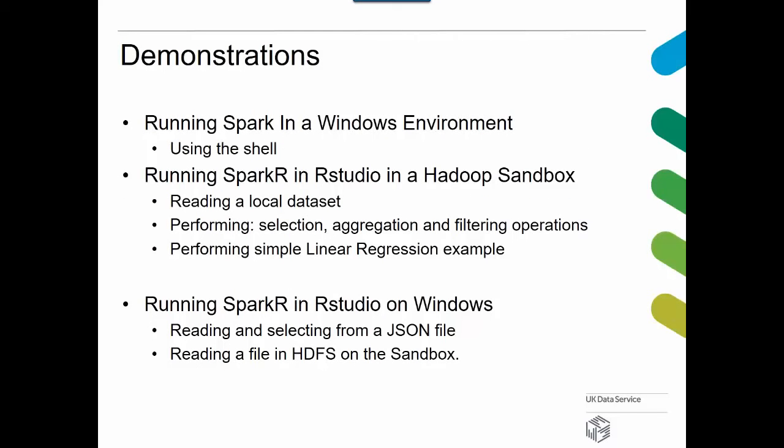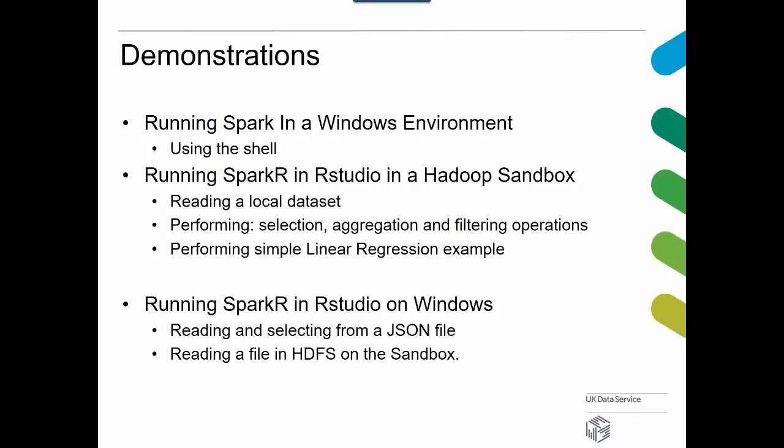So the demonstrations we're going to do are, I'm going to start off by showing you Spark running in a Windows environment, just using what's called the standard shell. In our case, we're going to use the Spark shell. You can use the Scala shell. You can use the SparkR shell and various other shells, but we'll use the PySpark shell for that.